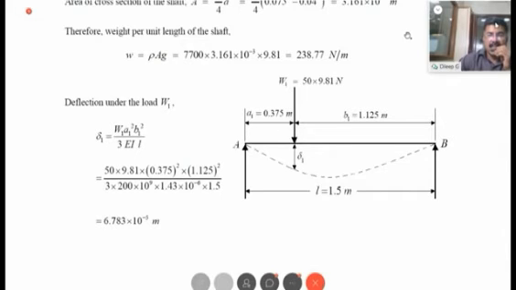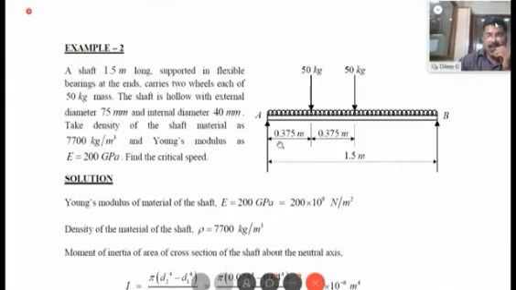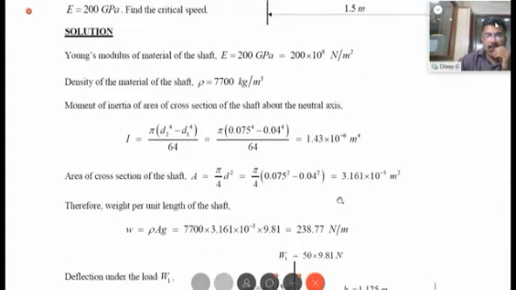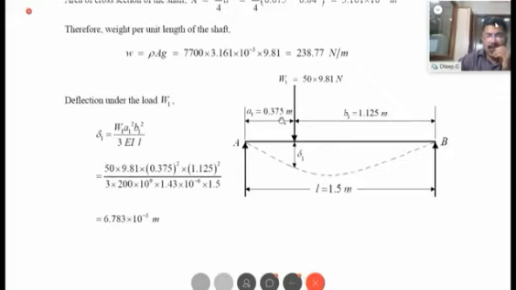Now this distance is given in the problem as 0.375, and the length of the beam is given as 1.5. So A1 is 0.375, and B1 is 1.5 minus 0.375, so it becomes 1.125. That is B1. A1 plus B1 is equal to L, so A1 and B1 we have found out.